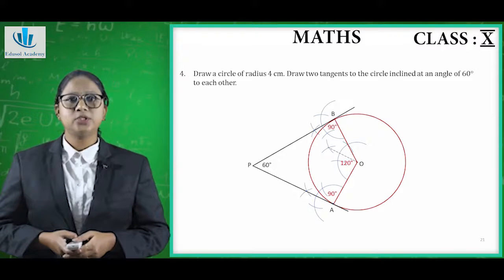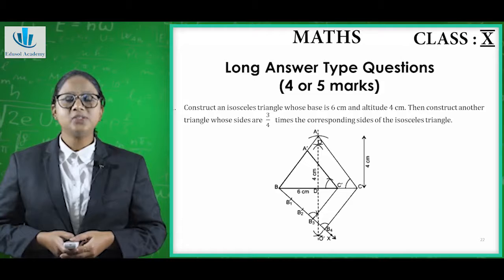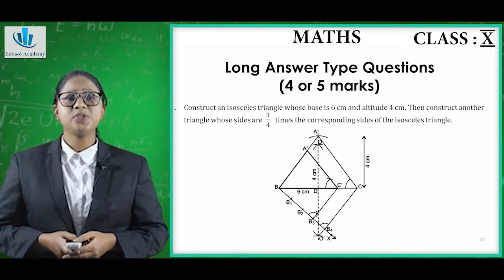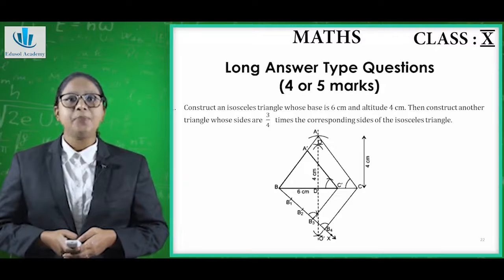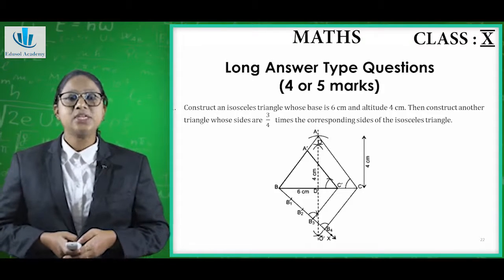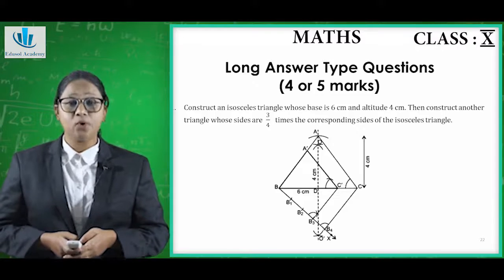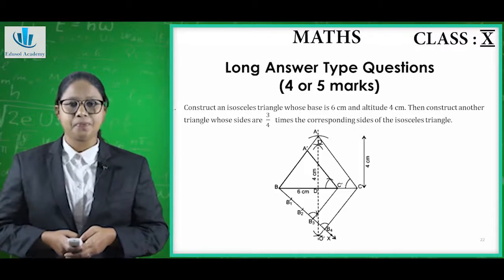Now we shall move to long answer type questions carrying 4 or 5 marks. The first question, construct an isosceles triangle whose base is 6 cm and altitude is 4 cm. Then construct another triangle whose sides are 3 by 4 times the corresponding sides of the isosceles triangle.